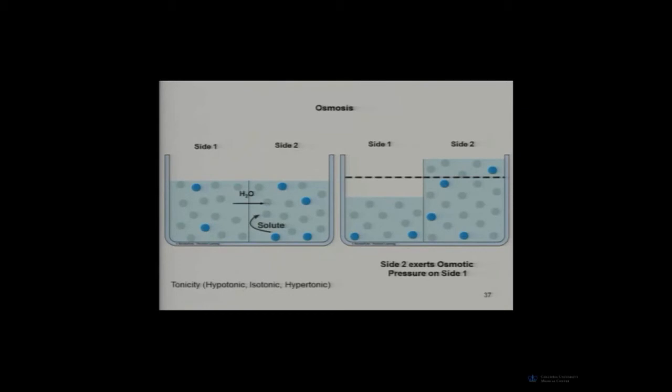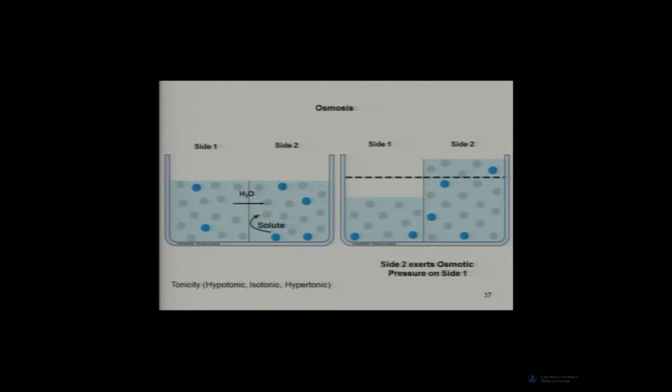So things are described as being either isotonic. If a solution is isotonic, iso means same. It has the same osmolarity, osmolality, those terms are interchangeable to a great extent. It has the same osmolarity as the inside of a cell.